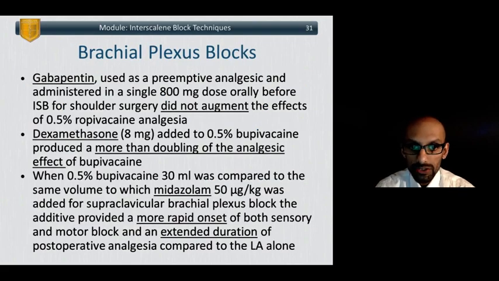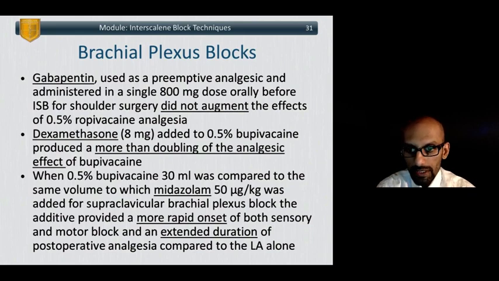Gabapentin doesn't really do much when you add it to ropivacaine or bupivacaine. So it's not typically used as an adjunct for the purposes of upper extremity analgesia. Dexamethasone, adding upwards of 8 milligrams, can more than double the analgesic effect. So it's a nice way to get some mileage out of your block without having to use more local anesthetic burden.